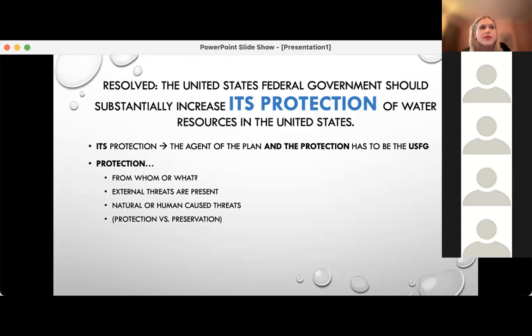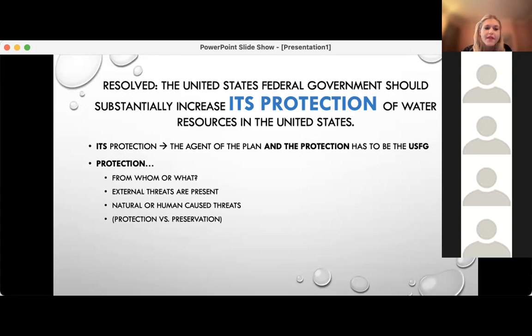Maybe global warming would exist if it weren't for people, but it definitely wouldn't be at this accelerated point if it weren't for the auto industry, greenhouse gases, and industrialization and all that stuff. So basically there are threats, and protection is meant to protect from them.